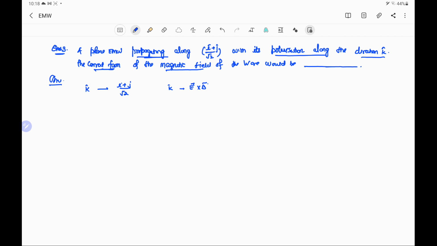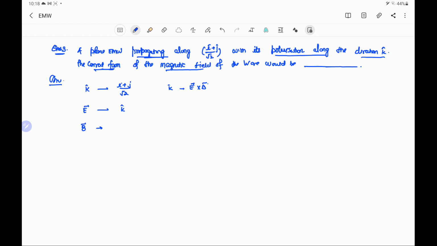That means because polarization is along the direction of electric field vector, we can say electric field is along the direction k.